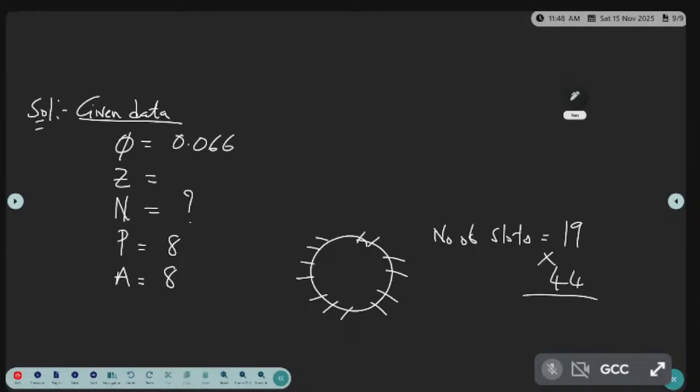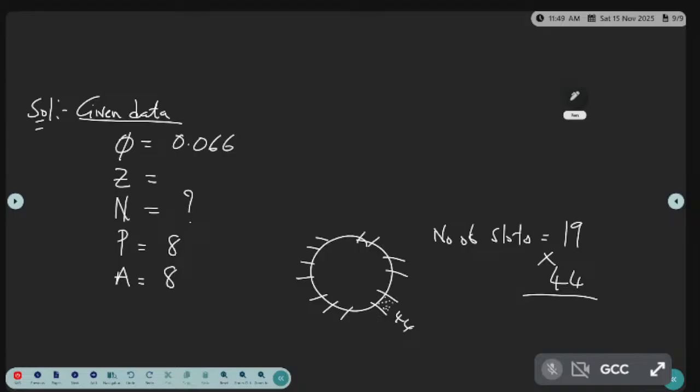In each slot there are 44 conductors, and there are 19 slots. So you have to get the Z value, which is the number of slots into the number of conductors per slot.